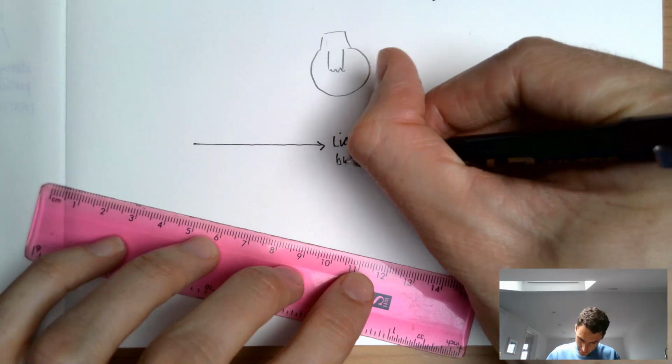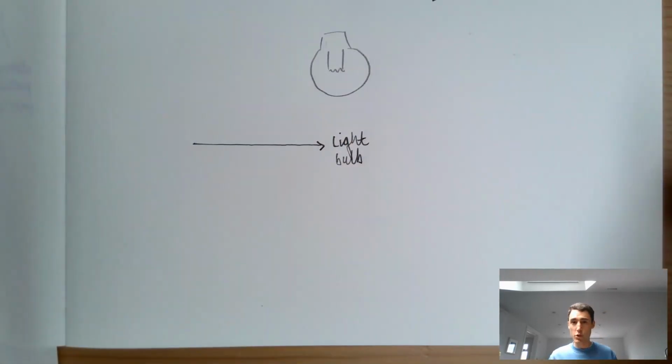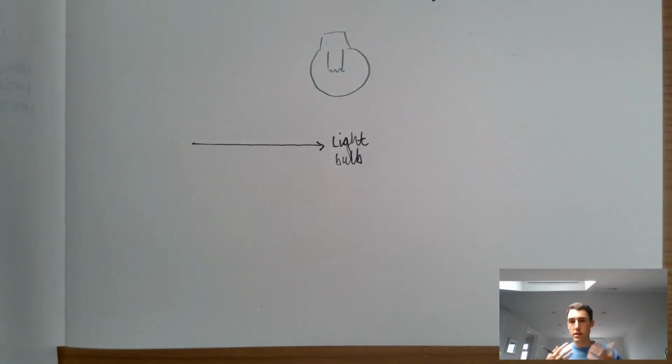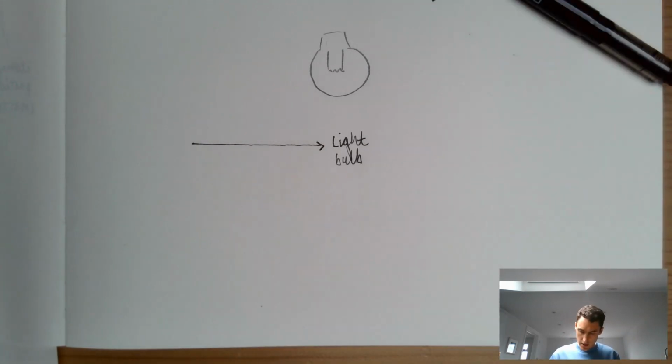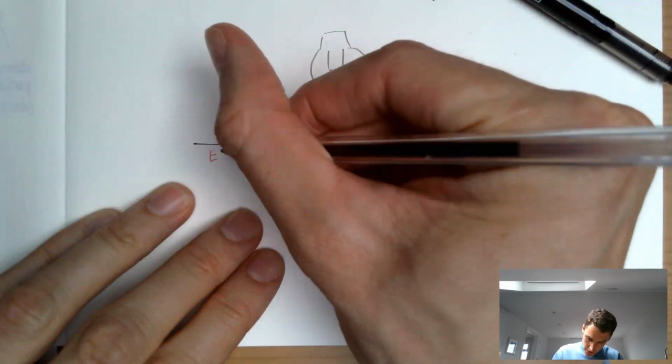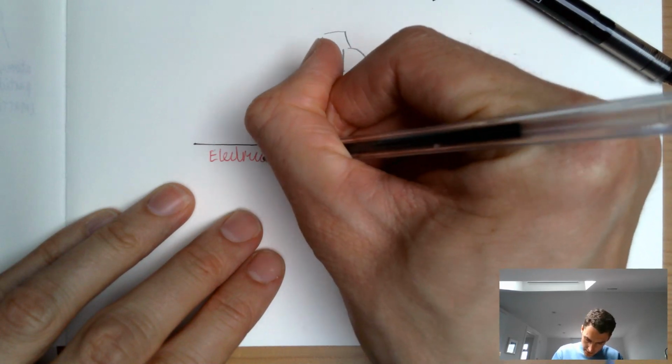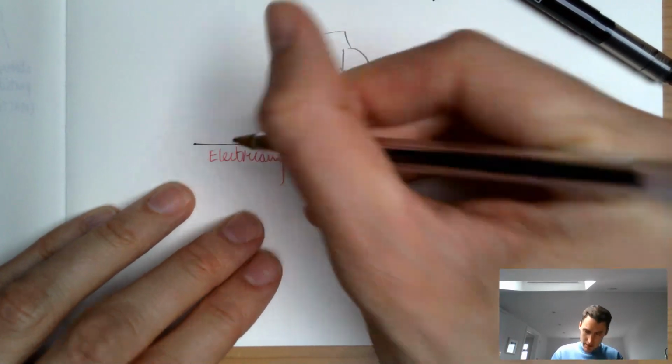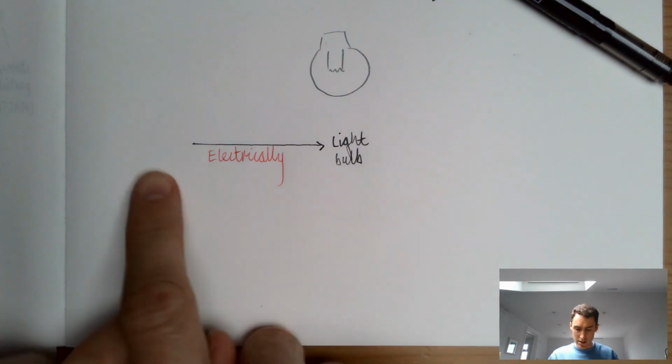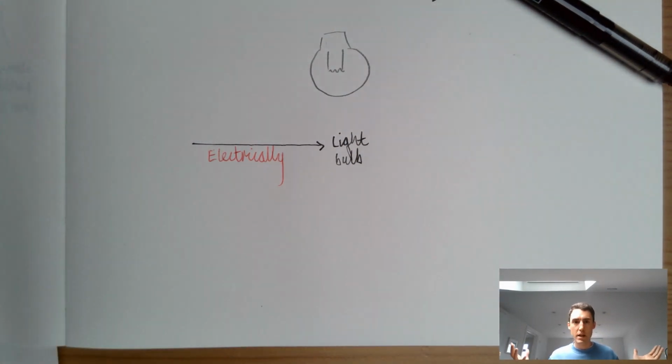But again, the light bulb is not really storing any energy. All it does is somehow changes the pathways of that energy. So the energy comes in electrically. That's how it's transferred in. Now again, this is where the store is a bit mysterious, because what is the store? I mean, it's come from the national grid. It could be anything. It could be biofuels, it could be coal, it could be nuclear. We don't really know. We just know that it comes in electrically.